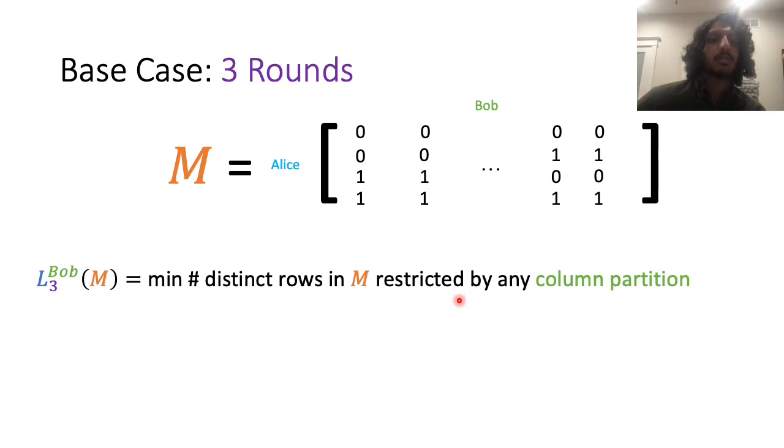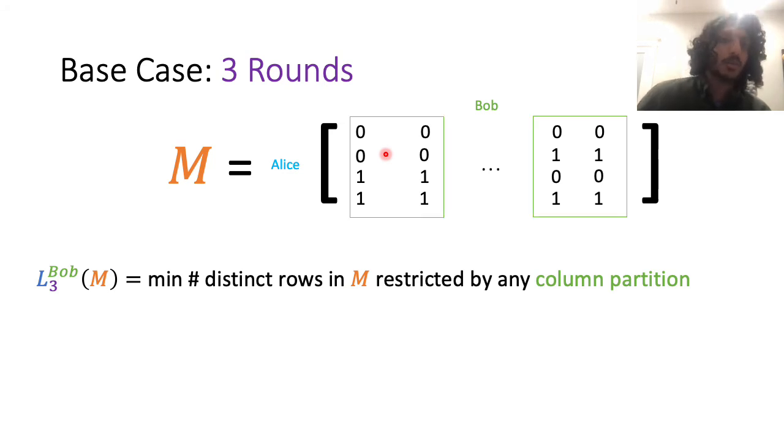So instead of counting the number of distinct rows in M by itself, you're able to split M into a bunch of different submatrices induced by some partition of the columns, and then count the number of distinct rows on those submatrices and add them all together.